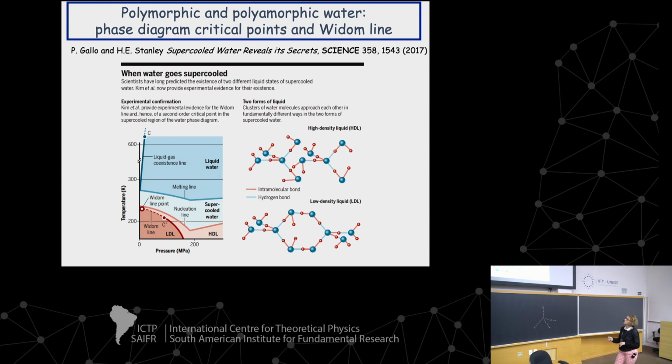Of course, also in the pentamer, this structure breaks and reforms. Maybe the pentamer is not complete. It's a liquid, but it's a very stable structure. That's why water has this very strong tendency to crystallize, because of the strength of this local pentamer. And then you have the high-density liquid and the low-density liquid.